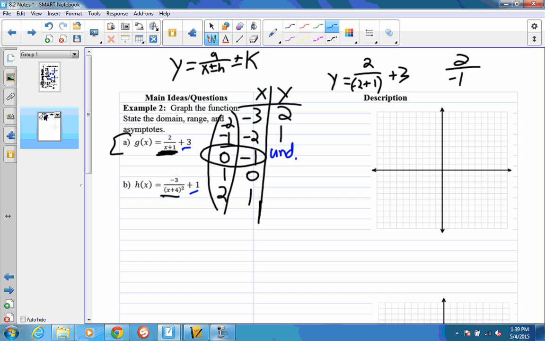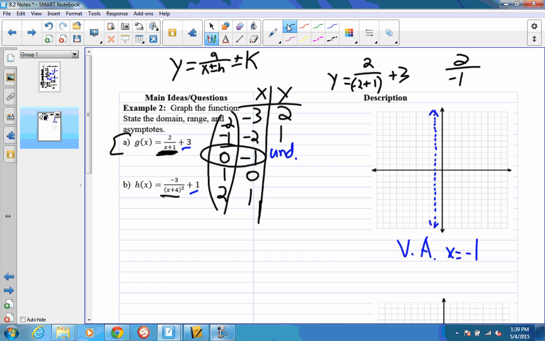So when I plug in -1 for x, I get undefined. That means I can't have -1 as an x value. I'm not even done with the problem. I'm going to write, I have a vertical asymptote at x equals -1. Then I'll change back to black and keep working.